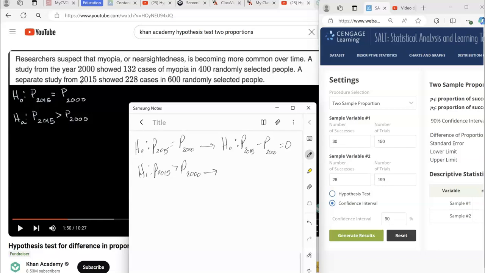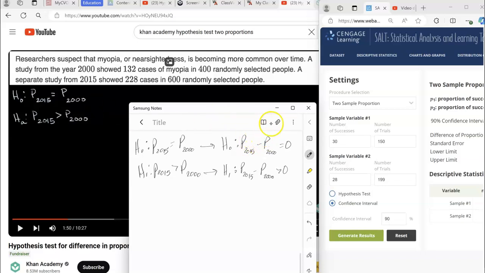And another way to write the alternative, if we were to move over this p-value, we would have P of 2015 minus P of 2000 greater than 0. So you could see it written either way. They do mean the same thing, though.